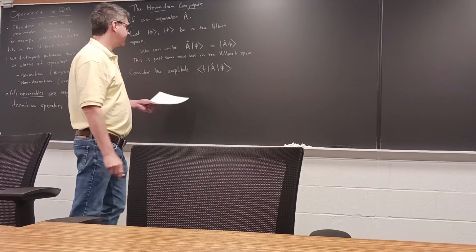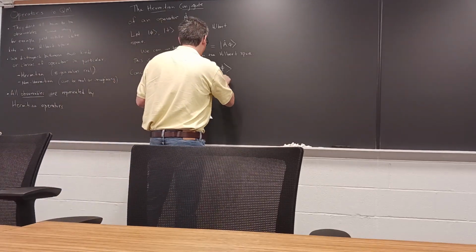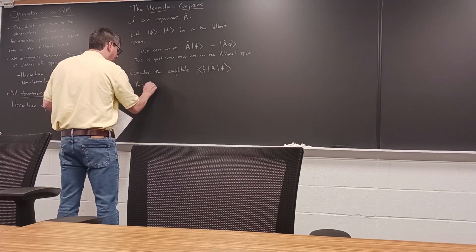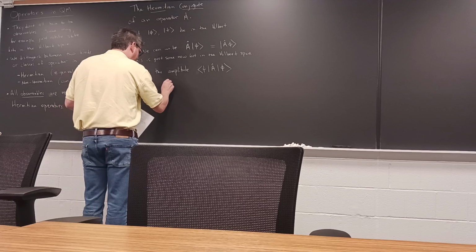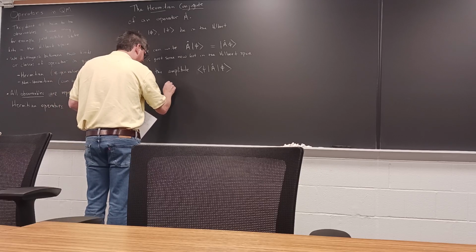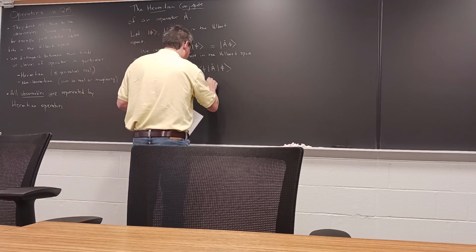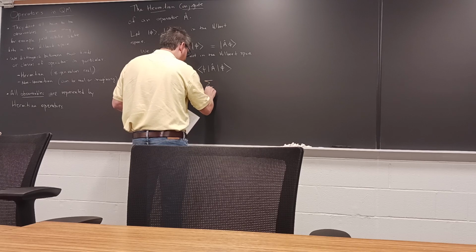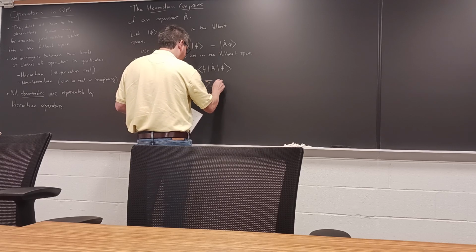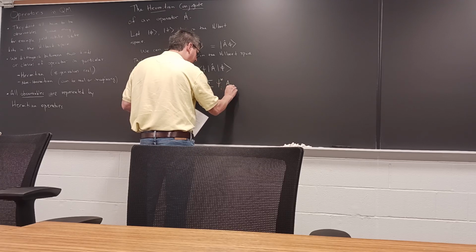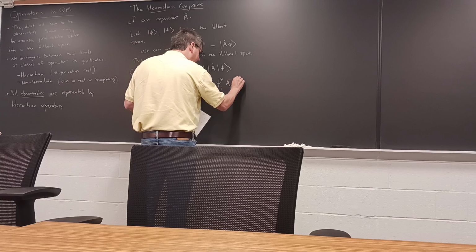Now, if I write this in terms of components, this is equal to the sum over i and j of psi star i A i j phi j.